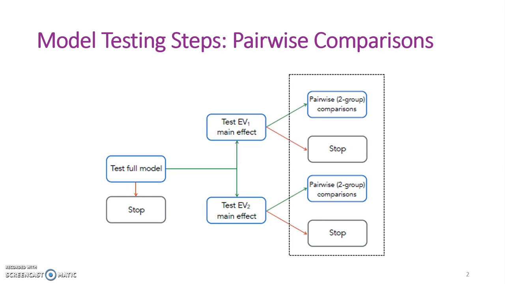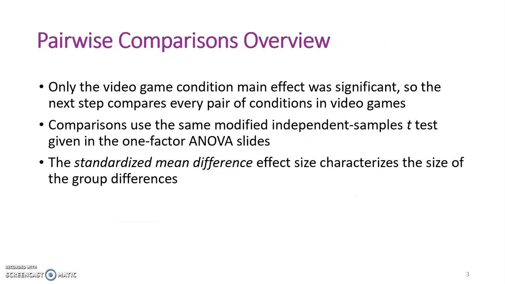And we've talked about pairwise comparisons already a little bit in one-factor ANOVA. With pairwise comparisons, regarding our two-factor ANOVA example, we know thus far that only the video game condition main effect was significant. And so the next step is to compare every pair of conditions in the video games. That is, compare every pair of means.